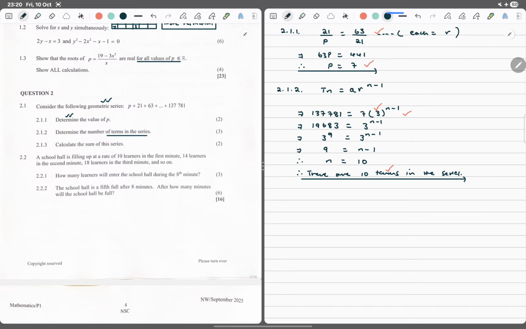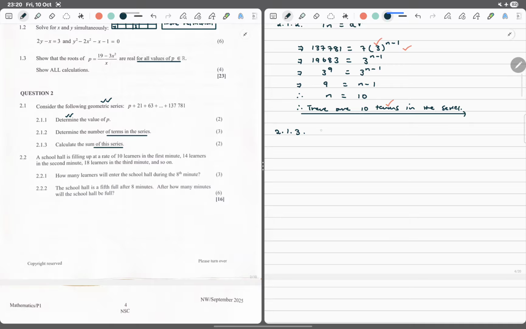So let's see, what do we have here? 2.1.3 says we need the sum of this series. This is easy. We know S sub n is going to be a, since r is greater than 1, so we write this formula. There are 10 terms, so it's going to be S sub 10.